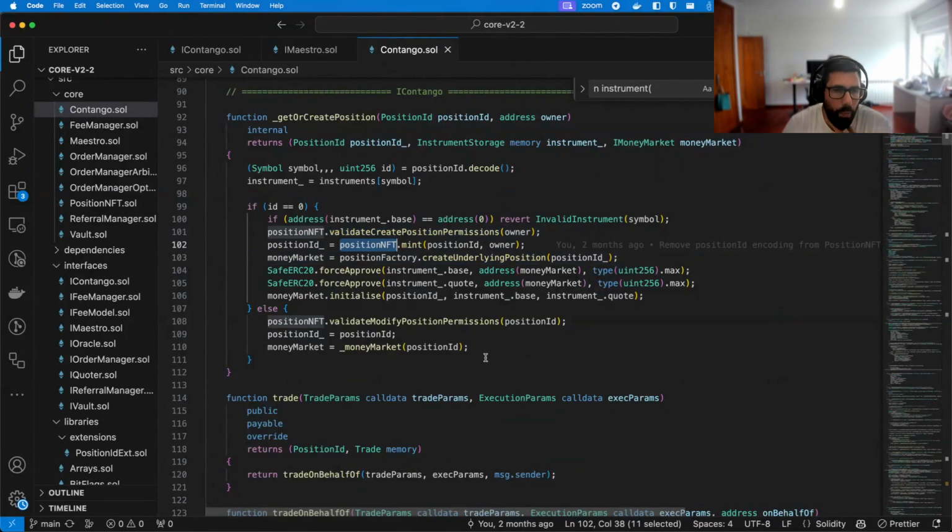So effectively what we did is we outsourced ownership checks and ownership controls to a standard ERC 721 NFT. That means that this contract doesn't need to worry about who's the owner of what. We just ask the NFT, is whoever is calling us the owner of this NFT? Yes or no? And then we move on the basis of that.